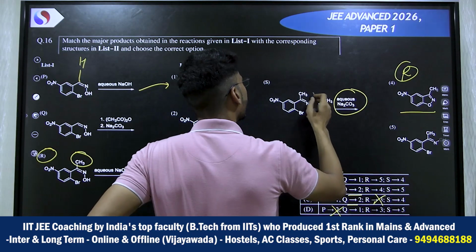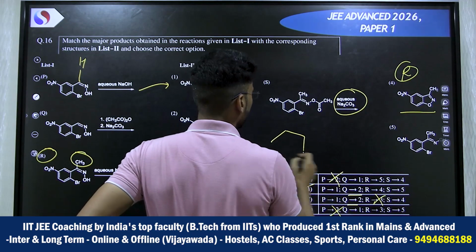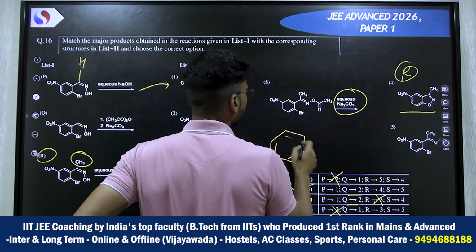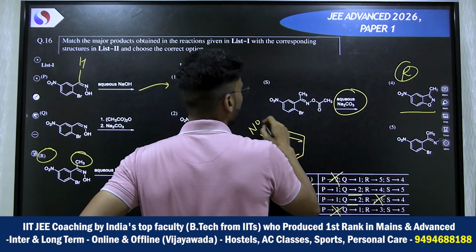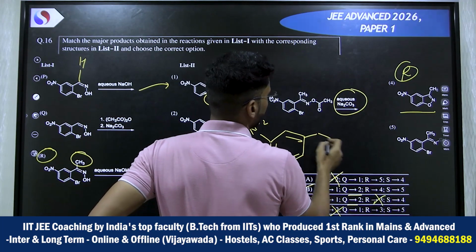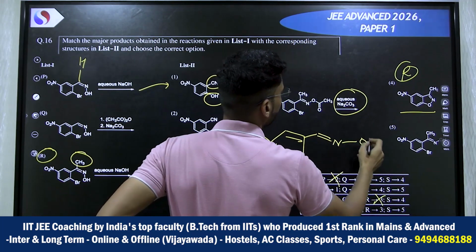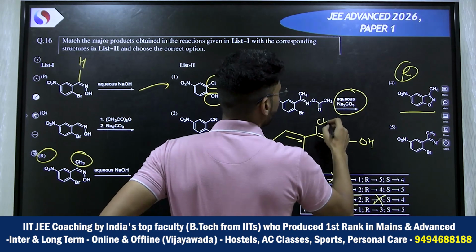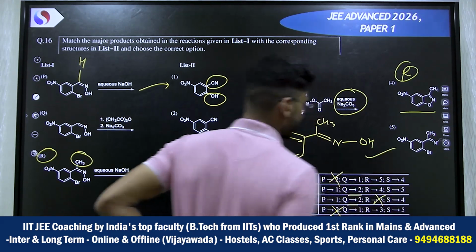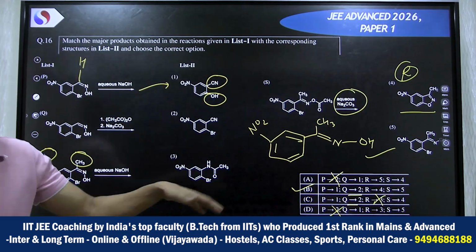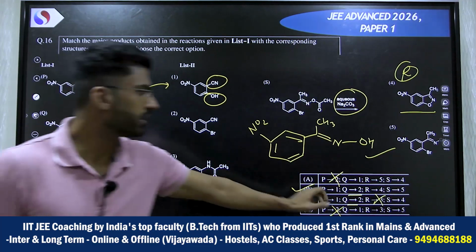This group will break and this group will break and it will give NO2, carbon nitrogen. It will form OH and CH3, which is the same as that of 5. The option number B is the correct answer.